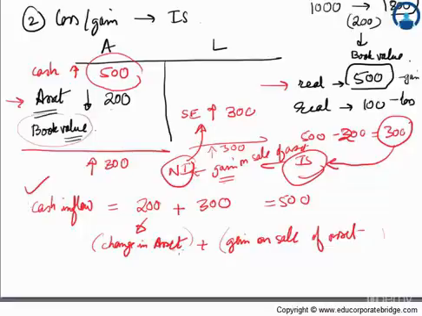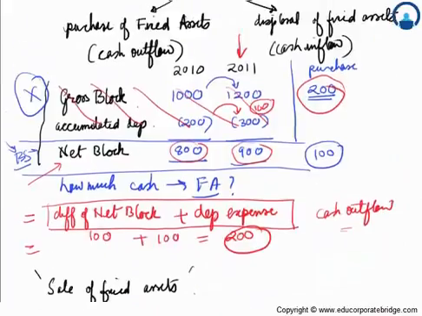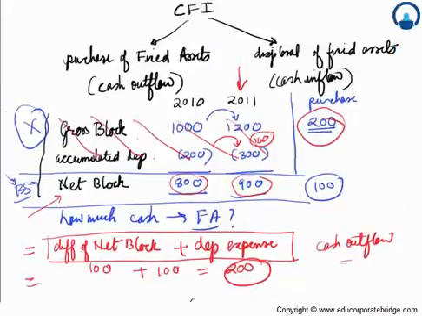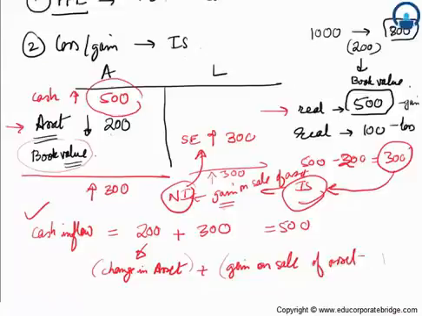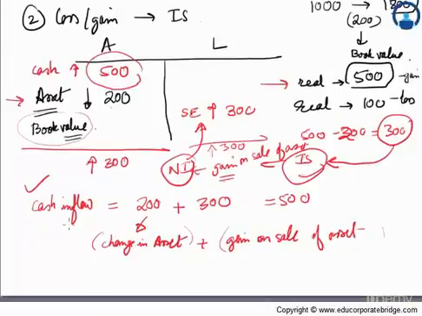So these two equations are very important. One with respect to the purchase of the asset, where you apply difference of net block plus depreciation expense to calculate what has been purchased, and second the equation where we have sold the asset and have made loss or gains. In that case you can apply this equation to calculate the cash inflows.